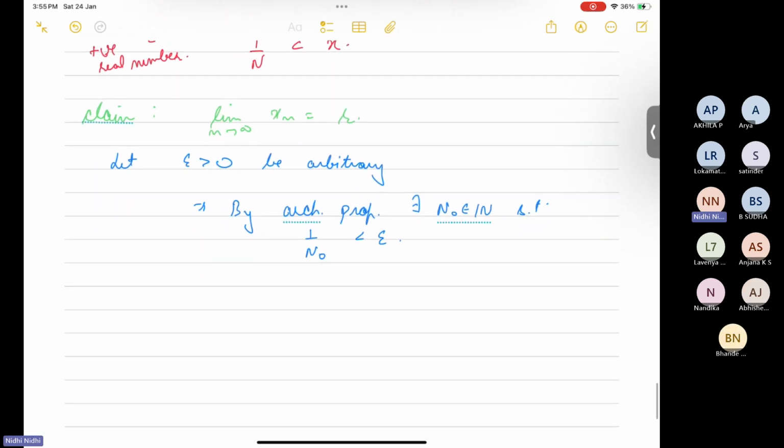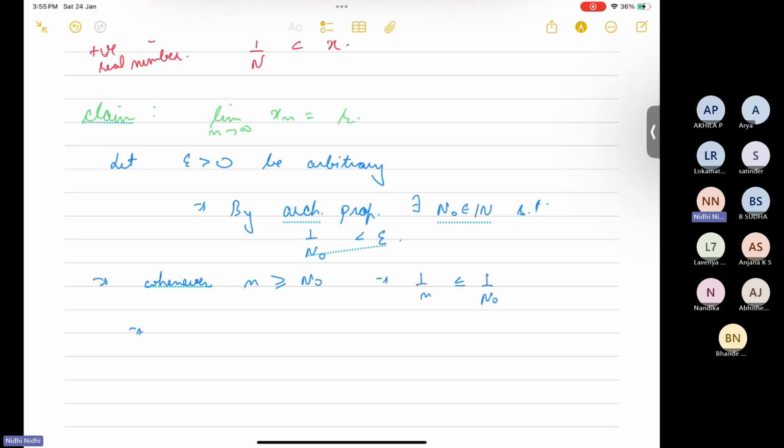Now this implies whenever small n is greater than or equal to capital N naught, 1 by n will be less than or equal to 1 by n naught.